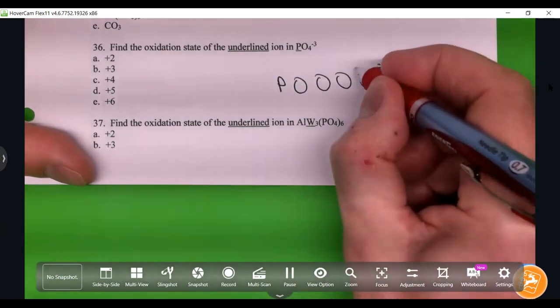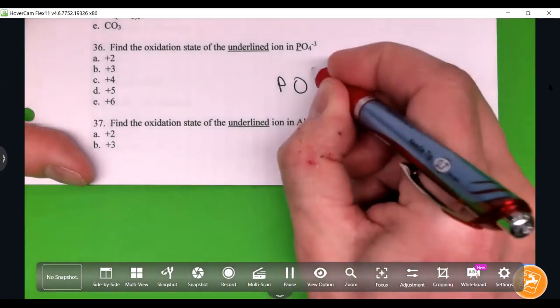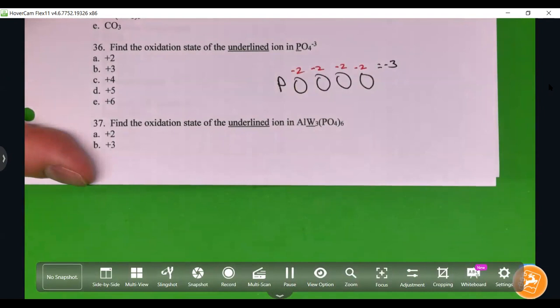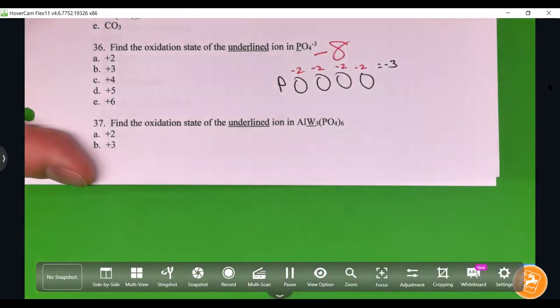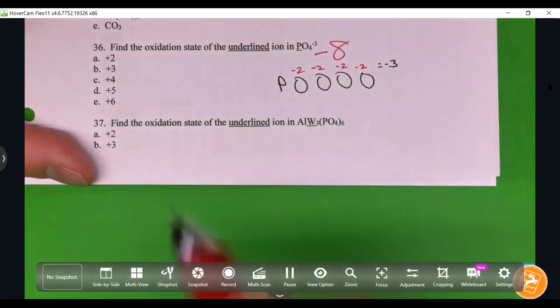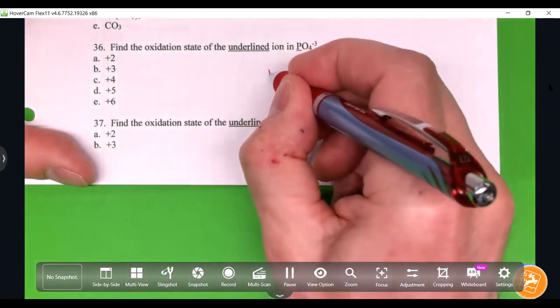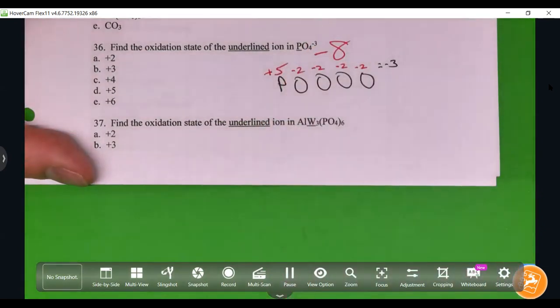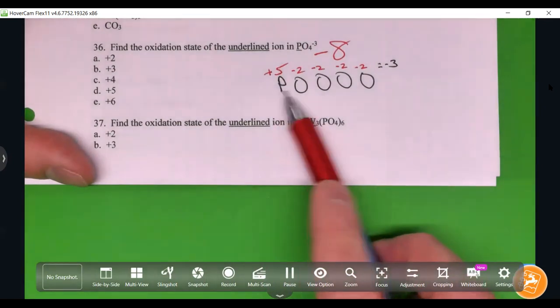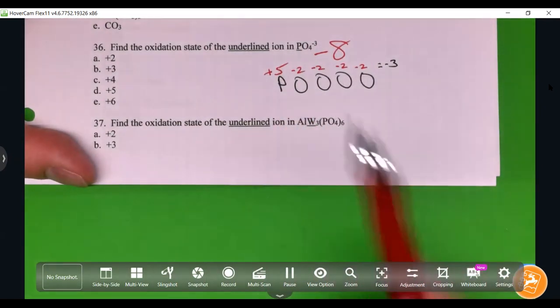These are all -2 oxides. So what's the charge? That total right there is -8. So the charge of my phosphorus is +5, right? It's +5 phosphorus within phosphate.